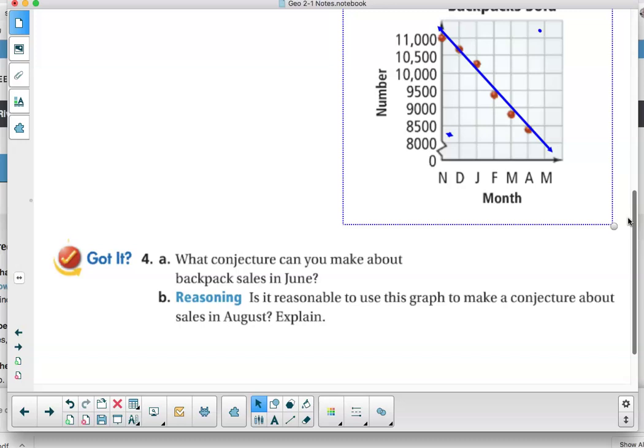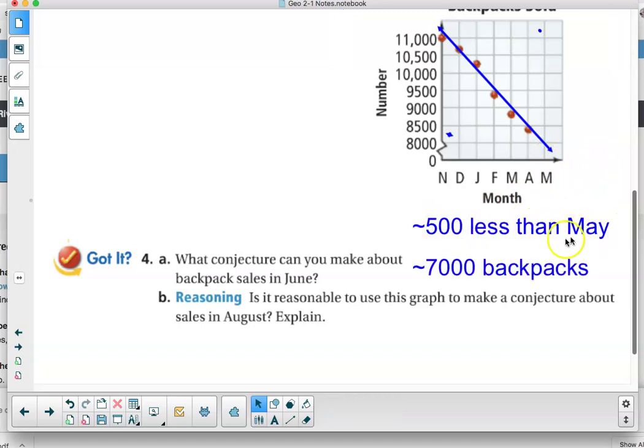Okay, so June, based on our data we have, in June it's probably going to be less than it was in May. So we're predicting 500 less than May, so about 7,000 backpacks maybe as it goes down, and the trend keeps going. Okay, but there could be some other reasons. Well, in June, people are on vacation, and so more backpacks might be sold, or there might be a blip of backpacking backpacks for people going on trips.